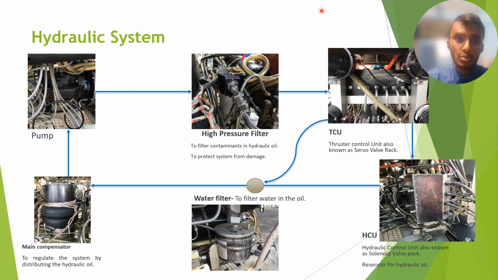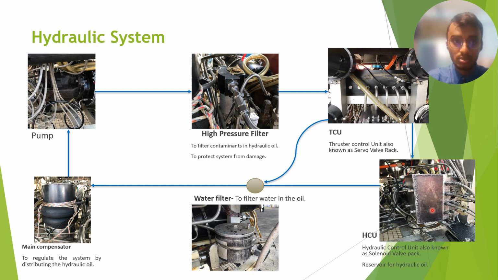Next, it follows to the TCU, also known as servo valve pack, and it also controls the thruster in the ROV. Then it goes to two parts of the ROV. First one is HCU, hydraulic control unit, also known as solenoid valve pack, where it functions as a reservoir for hydraulic oil in ROV.